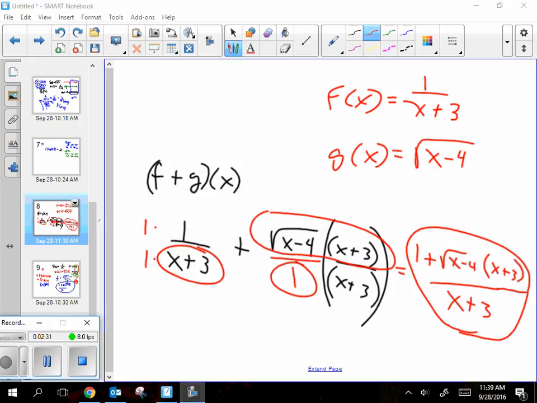Oh, maybe caught a little mistake there, Mr. F. Oh, can you cancel? Well, that's a good question. It feels very tempting to cancel those, but you cannot. Can anybody tell me why? Yes, sir. If the entire top is a multiplication. So in other words, if this had been a multiplication right there, then you could have canceled those.